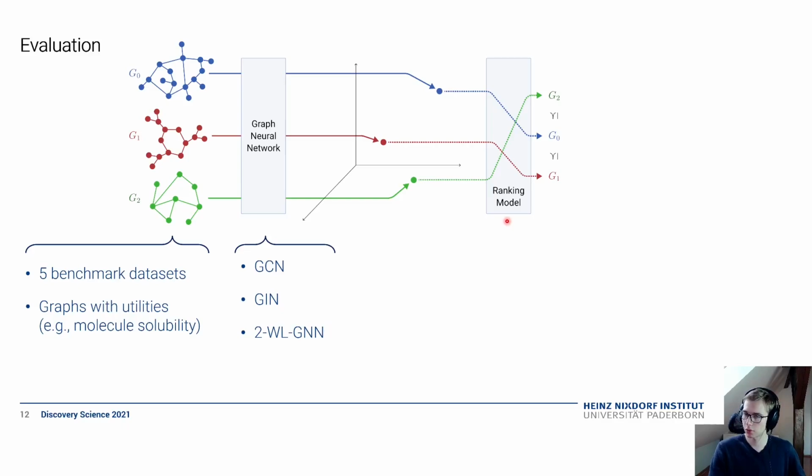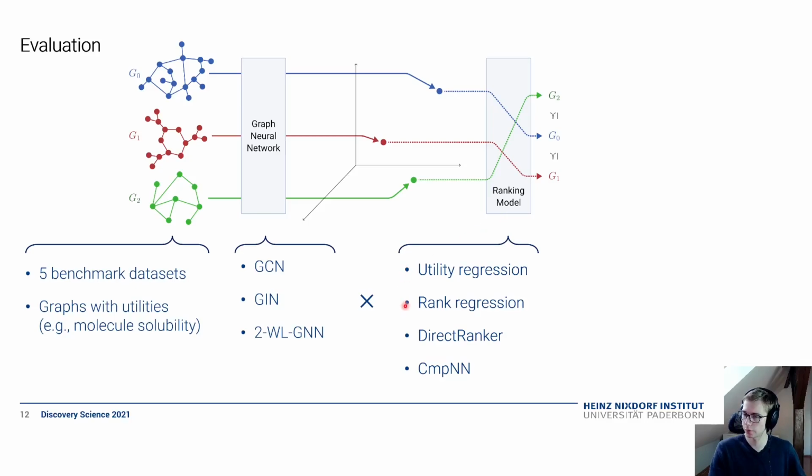For the ranking model component, we evaluate 4 different variants, 2 pointwise models and 2 pairwise models. The pointwise utility regression model is trained directly on the target utilities in our datasets. The rank regression model is a pointwise regression model where the targets are the numerical ranks of our graphs. And as pairwise models, we use the direct ranker and the CMP-NN architectures we just discussed.